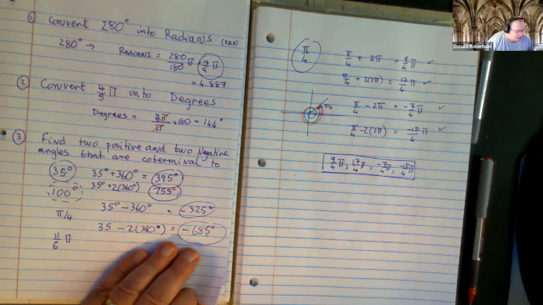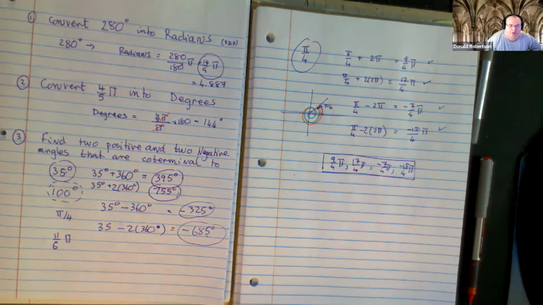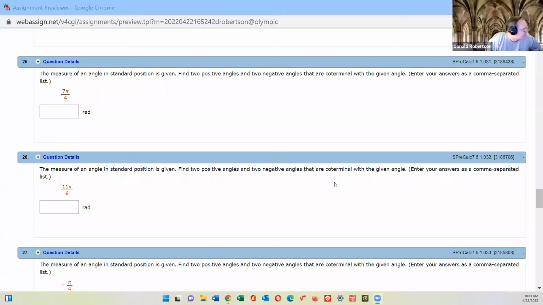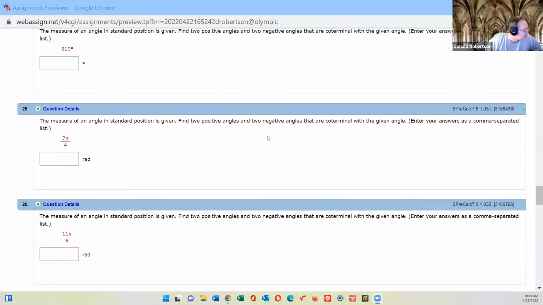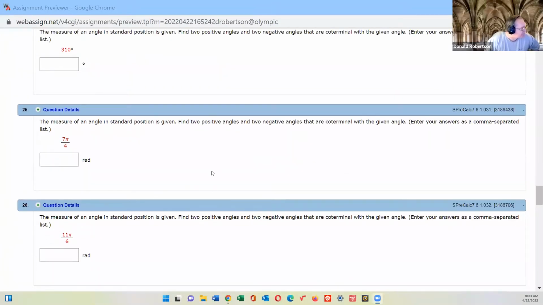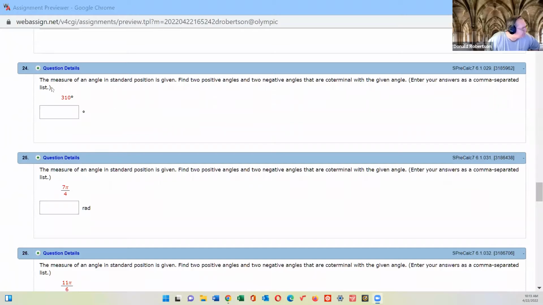Okay, let me just show you what that looks like as a homework question, so you're comfortable with the way they phrase them. The measure of an angle in its standard position is given.